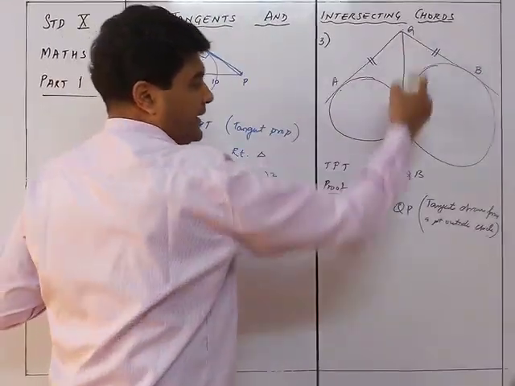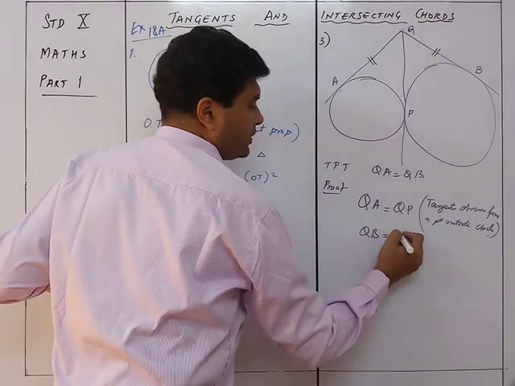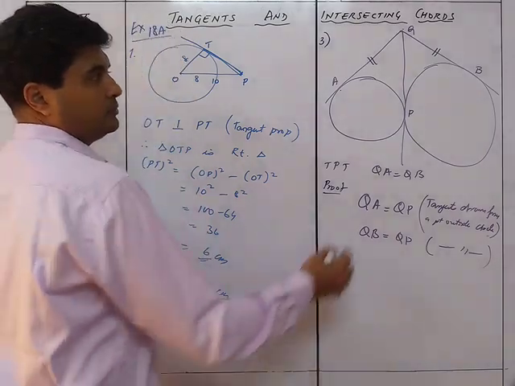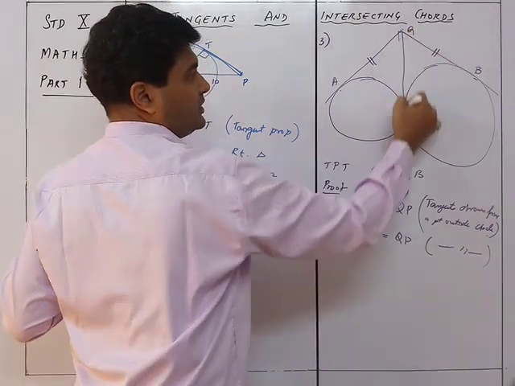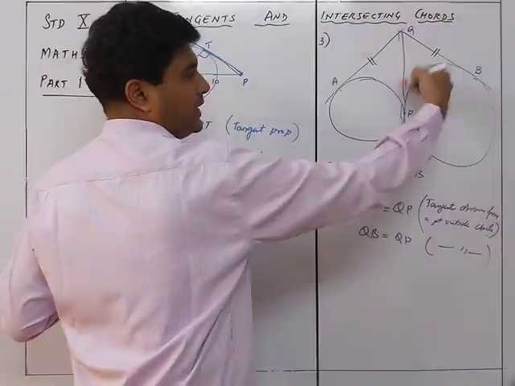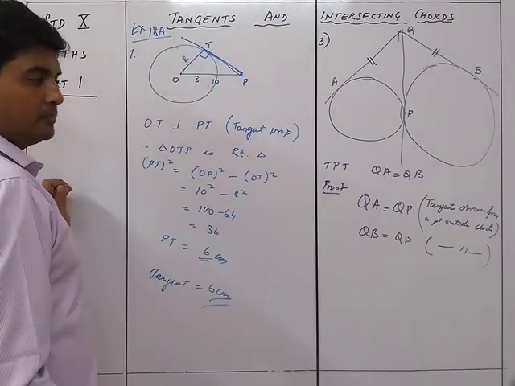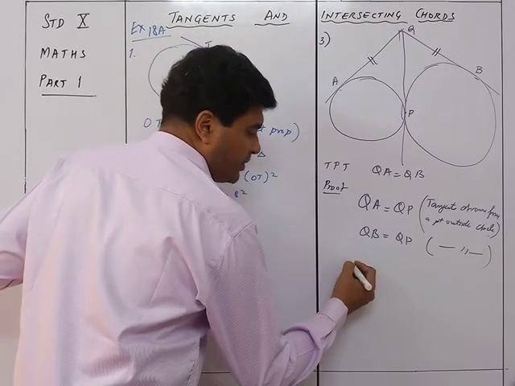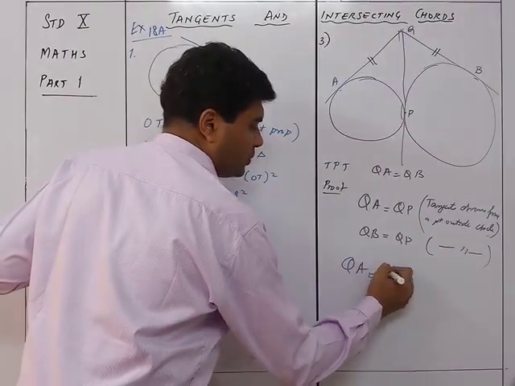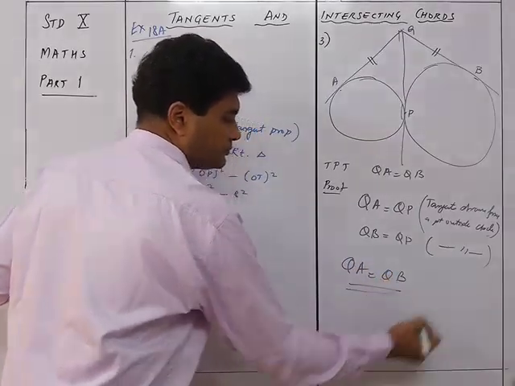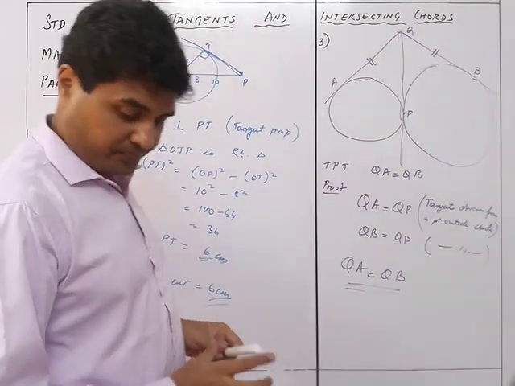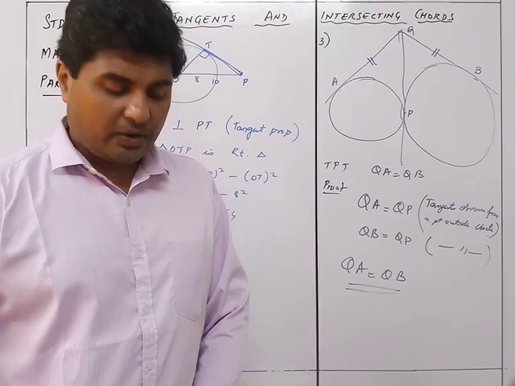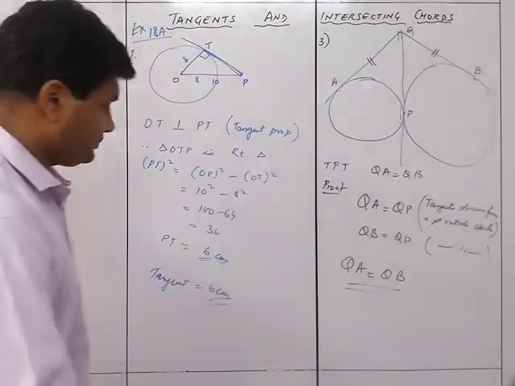We also know that QB is equal to QP, again for the same reason, because they are both tangents to the same circle. So if QA is equal to QP and QP is equal to QB, then QA is equal to QB. Hence proved. Very easy, 2 steps. So this was sum number 3. Now we move on to sum number 5.